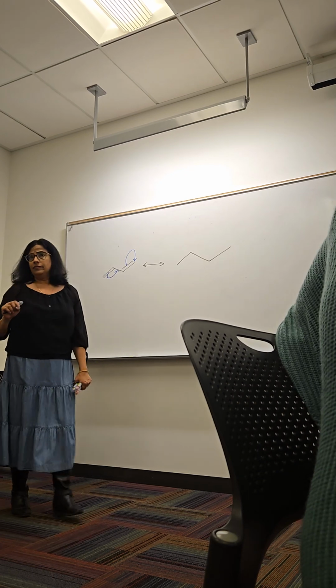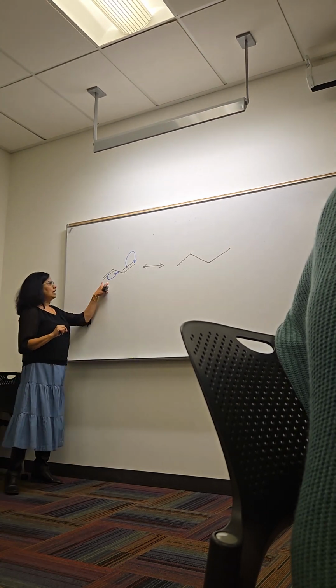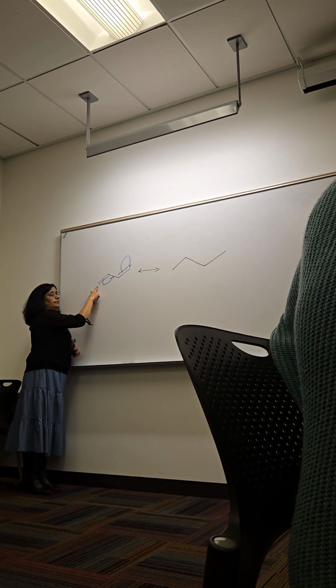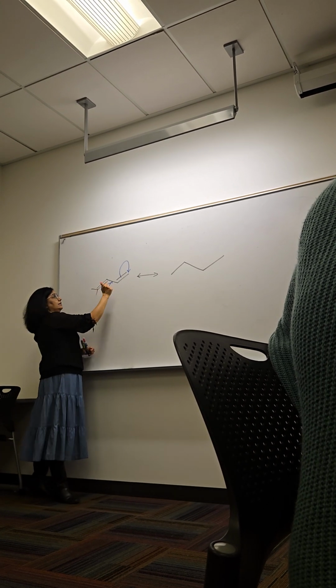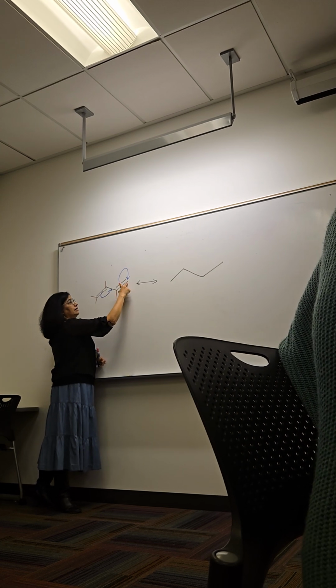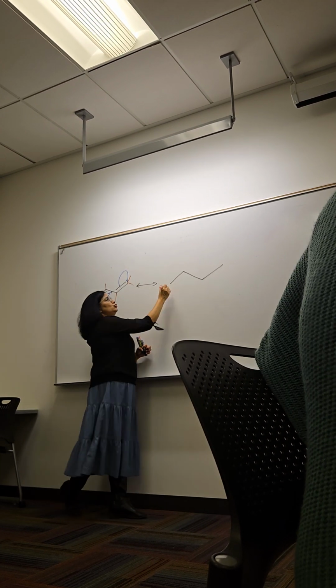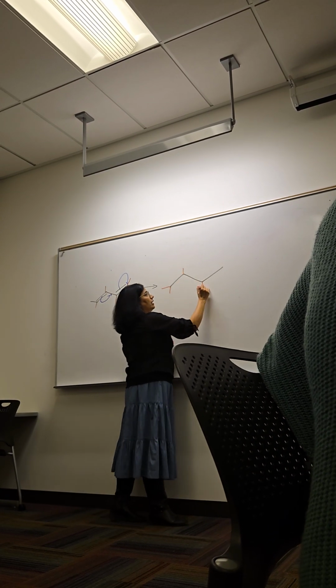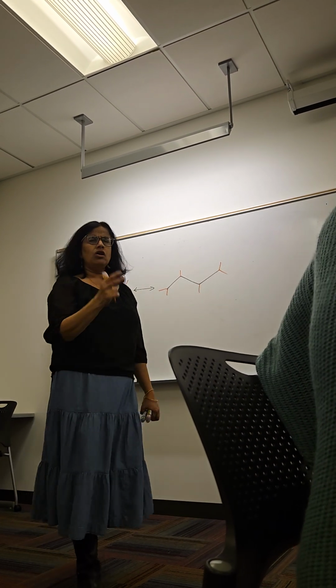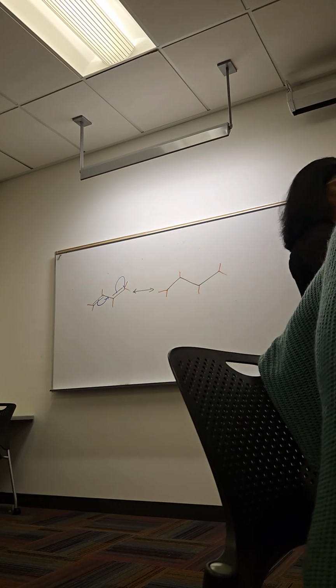We good? Okay. How many hydrogens on this carbon? 2. How many on that? How about this? 1. How about that? 2. The atoms do not change when resonance happens. Those are the two things that do not change between resonance structures.